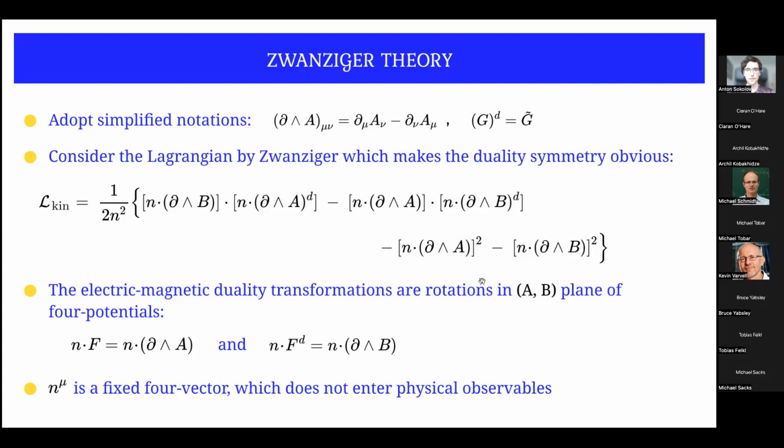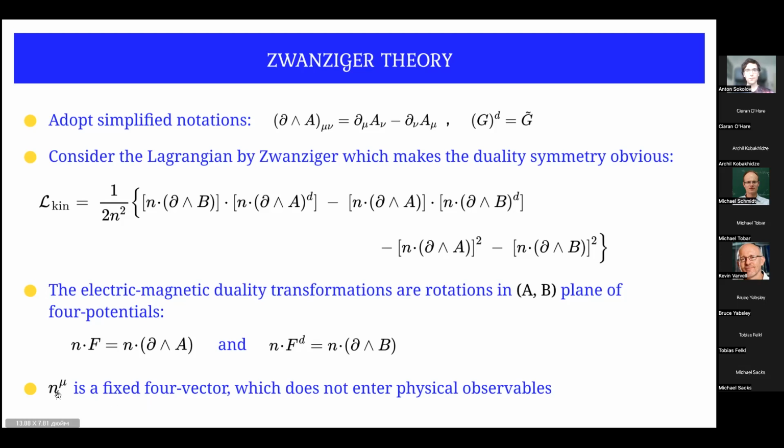The connection of these A and B to the normal electric and magnetic fields, or F and F dual tensors, is given here. And we see really that the rotation of F into F dual corresponds to the rotation of A into B. What is strange about this Lagrangian is that it involves a fixed four-vector, which is n mu here.